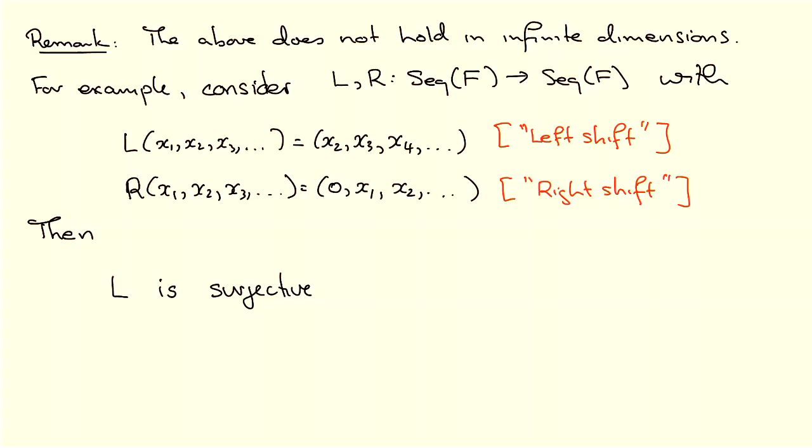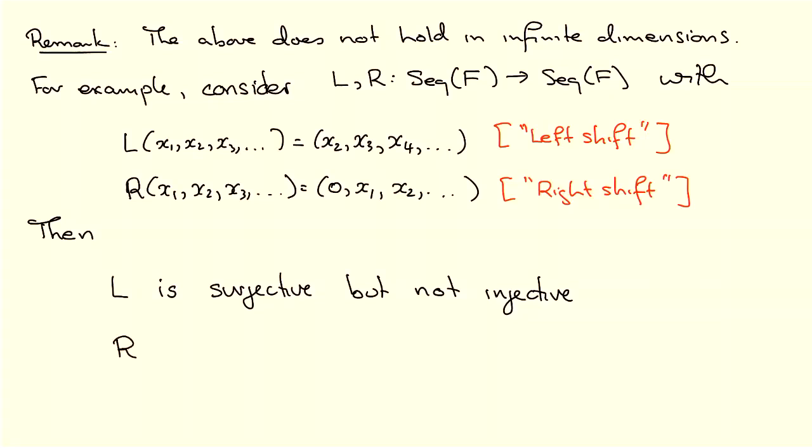So something is clearly happening in infinite dimensions that you couldn't do in finite dimensions. But it's obviously not injective. For example, the sequence 1, 0, 0, 0, 0, 0 gets mapped to 0. So it maps a non-zero thing to 0.